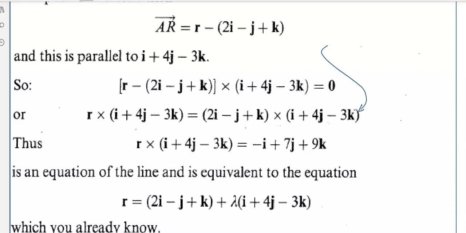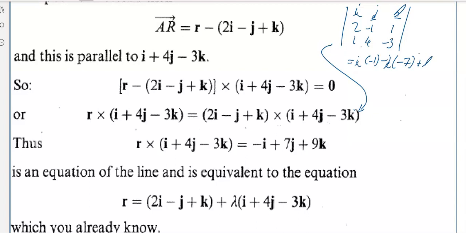So how we actually get this: that is your i, j, k, and then we had 2, minus 1, 1, and then 1, 4, minus 3. If you do that out, you're going to get i times minus 1 times minus 3, which is 3, and then minus 4, so it's going to be times minus 1. Then minus j times 2 times minus 3, which is minus 6, and then minus 1, which is going to be minus 7.